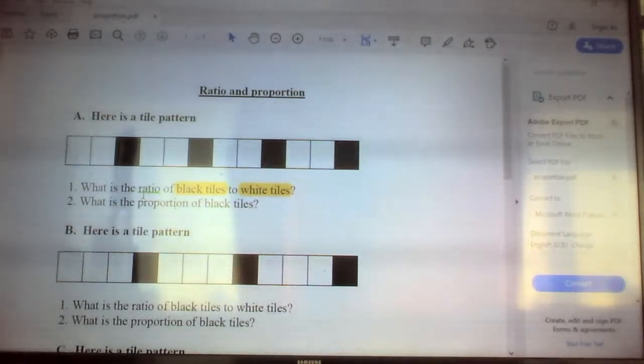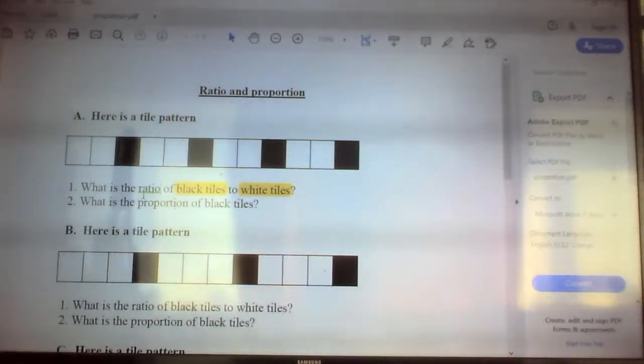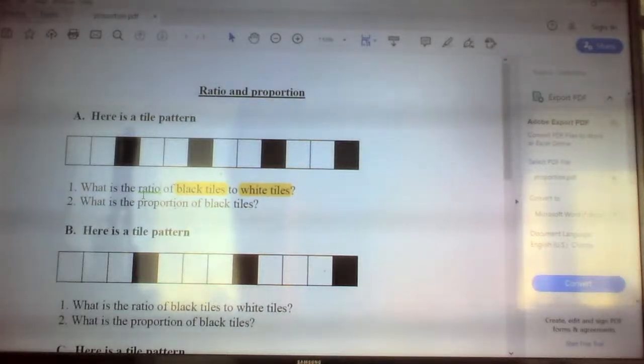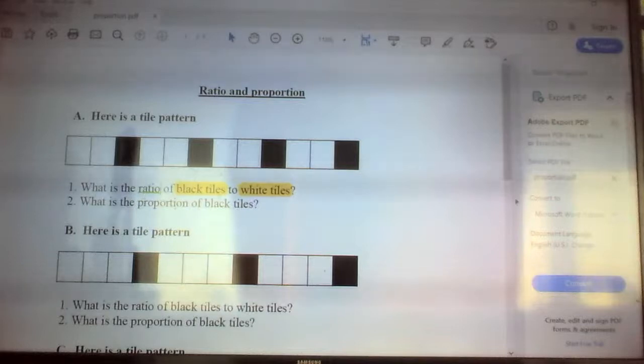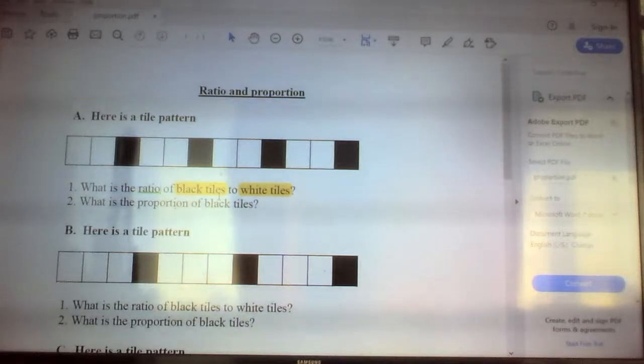Now, in my dictionary they give a further explanation. A teacher-student ratio of 1 to 20. The word "to" is replaced.